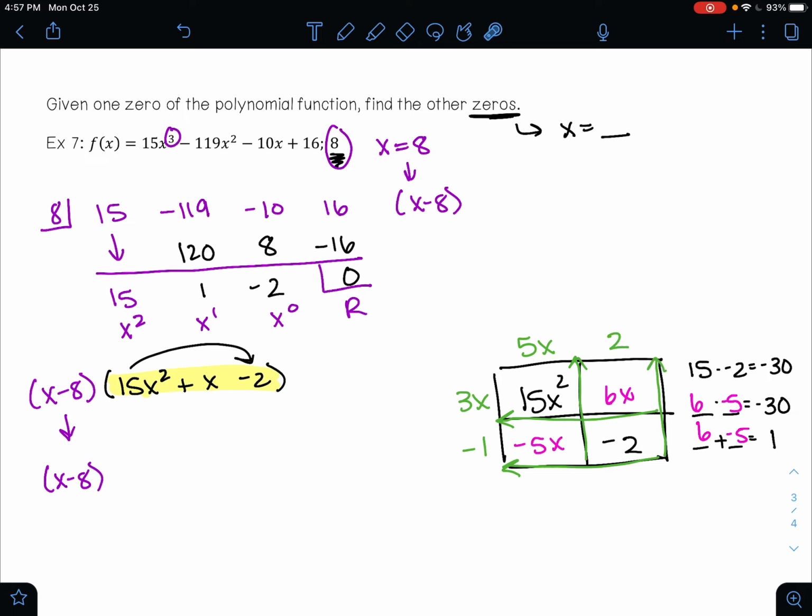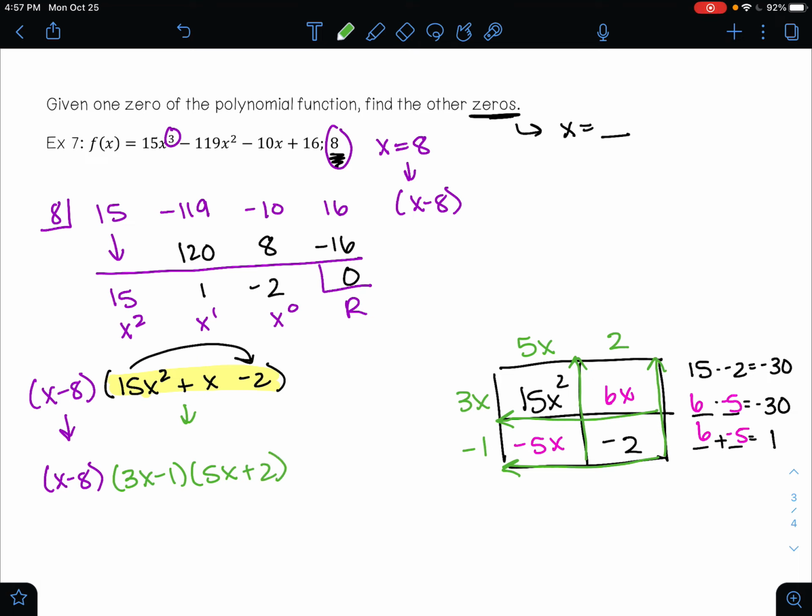Remember that you can check your work. 3x times 5x is 15x squared. 3x times 2 is 6x. Negative 1 times 5x is negative 5x. And negative 1 times 2 is negative 2. So this factors to 3x minus 1 times 5x plus 2.